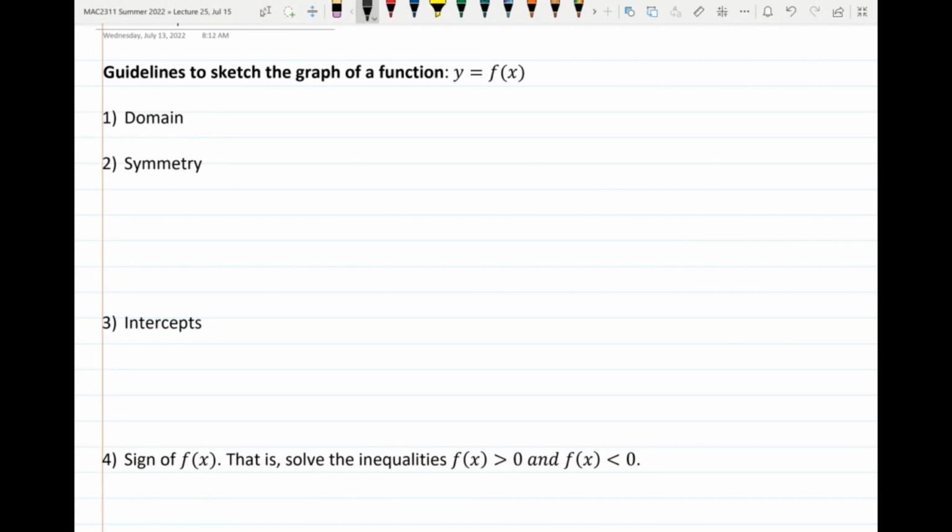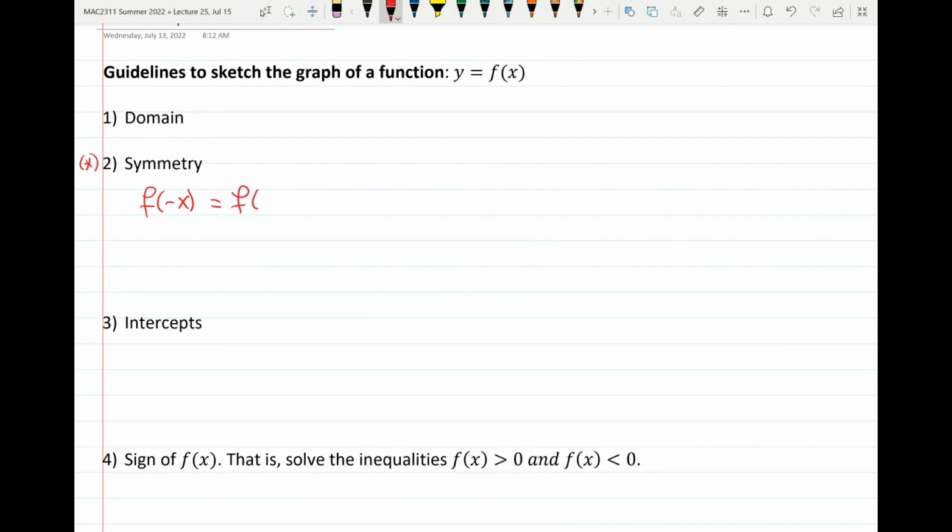And after that, step number 2. Again, as I mentioned last time, this is an optional step, but if the function has symmetry, it's helpful to know it. So find the symmetry of a function. As a reminder, you do this by plugging in negative x into the function.